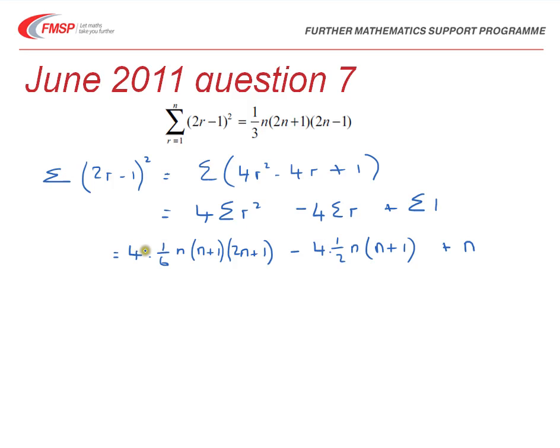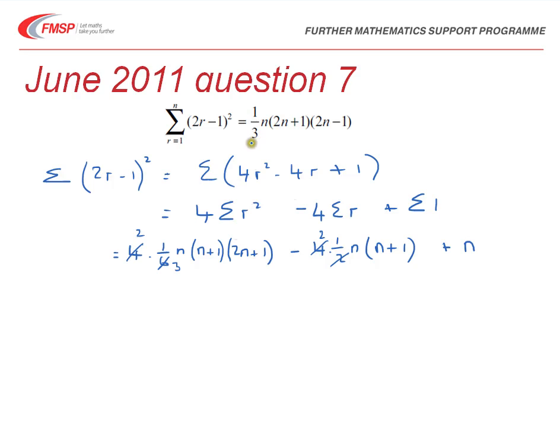This time a little bit of cancelling if you wish. 2 will cancel here to give us 2/3 rather than 4/6, and here to give 2, 4 times 1/2 being 2.